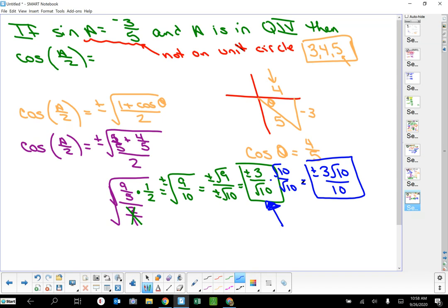All right, the last one. Let's see if we can do this. This one utilizes some things that you did in the last section, I think. I need a new page.